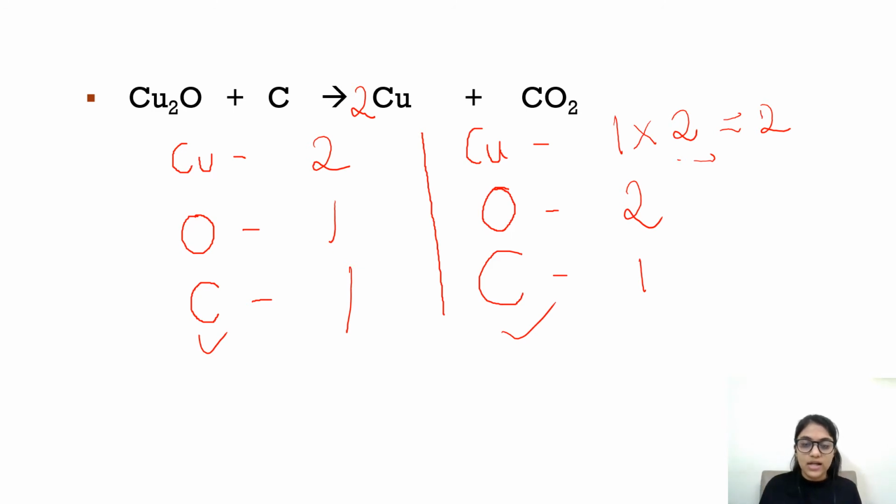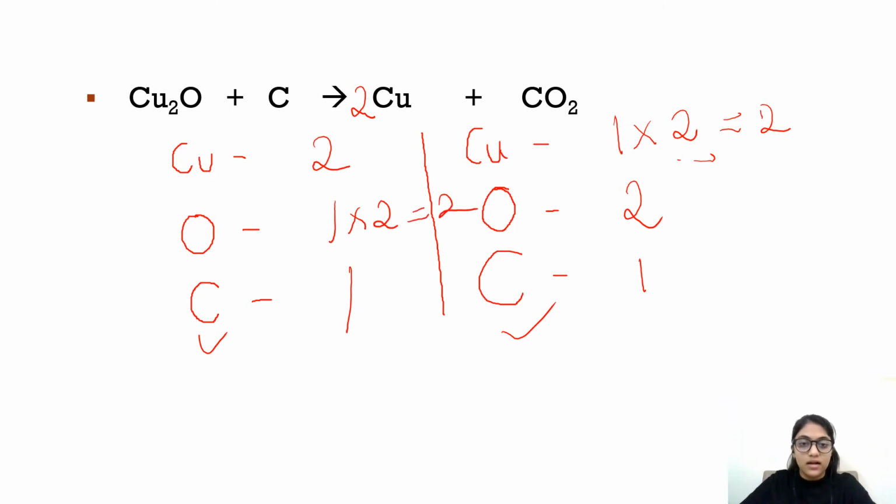With oxygen it's kind of the reverse case of copper. On the left hand side we have 1 atom of oxygen, and on the right hand side we have 2 atoms of oxygen. So to balance this, I would be multiplying the left hand side oxygen by 2.